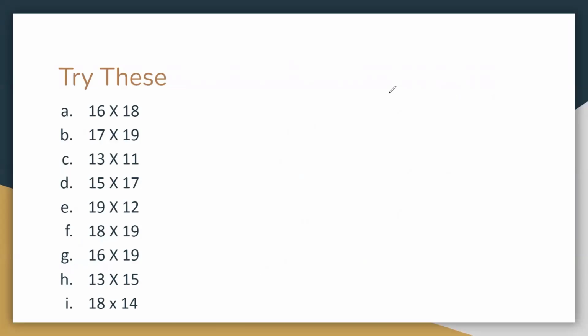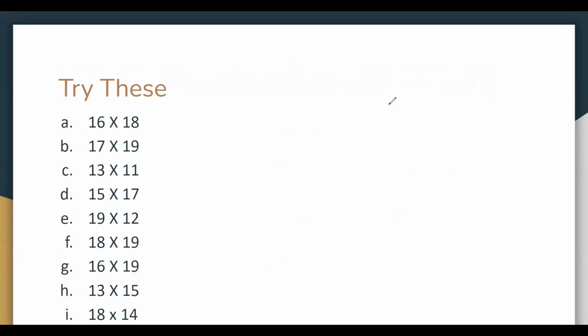So the first thing, as we did in the previous questions also, choose the bigger number. In question A, 16 and 18 are there. 18 is bigger, so we write 18 over here. Then the second number is 16, which is smaller than 18. So we only take the ones digit, that is 6, and we write it over here. 18 plus 6 gives us 24.